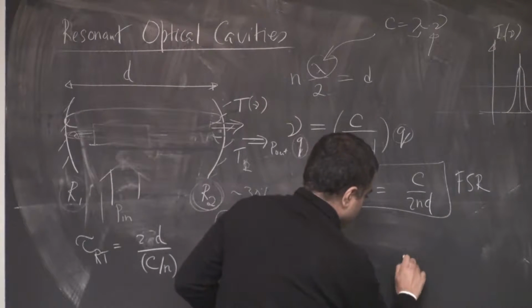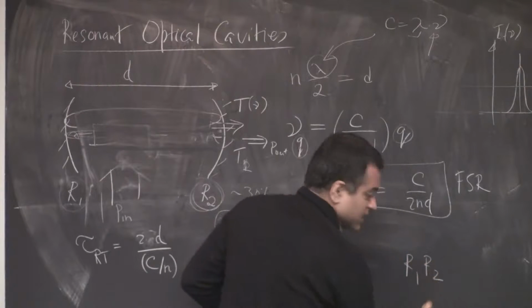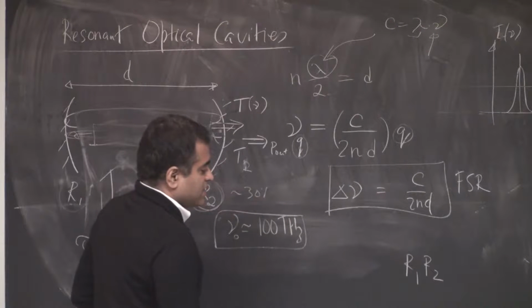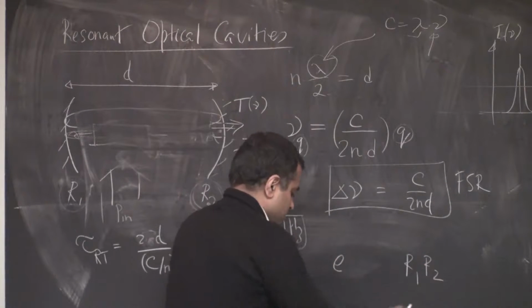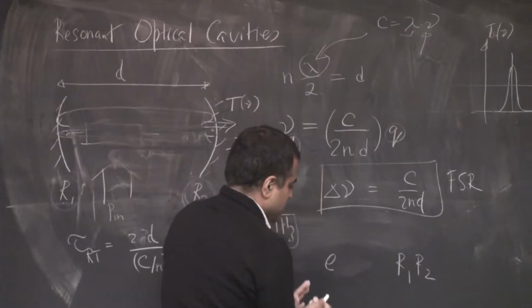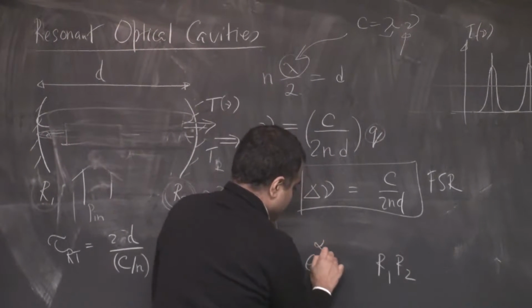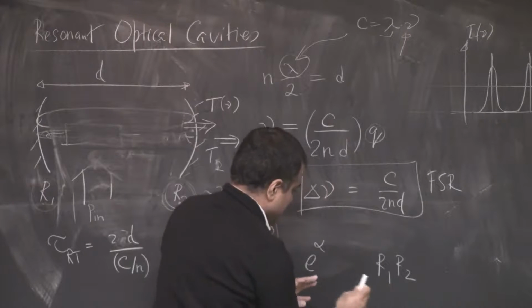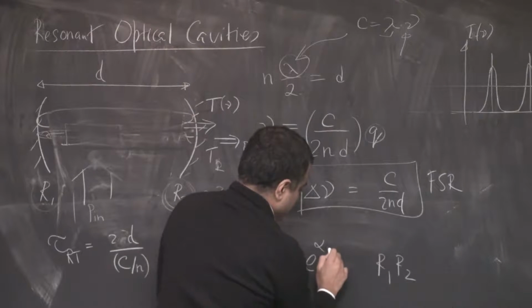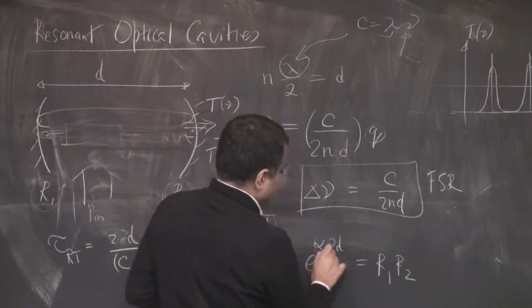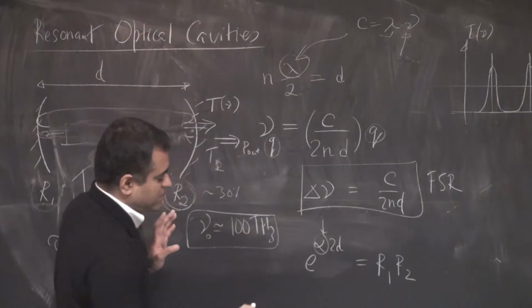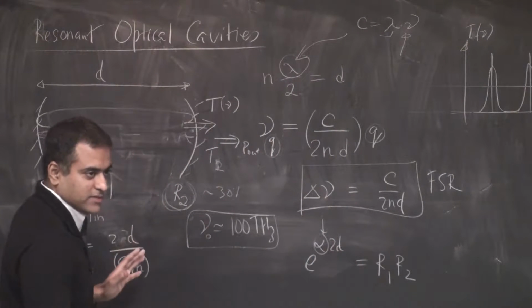Total loss is R1 times R2 here. If I had a uniform loss, light intensity changes with distance as e to the power alpha z. With loss, we add alpha, and then we have 2 times d here, and I equate to that, and that's my prorated loss coefficient per unit length.